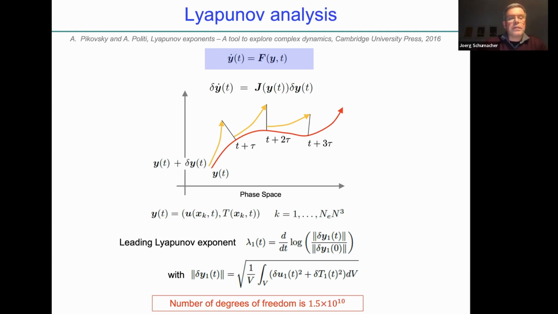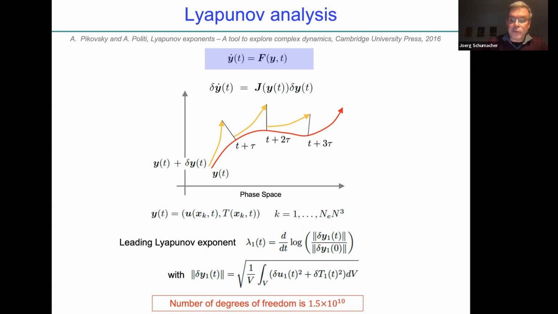And then you are able to calculate an exponential growth rate of these perturbations, which is the leading Lyapunov exponent, and the corresponding eigenvector is the leading Lyapunov vector, which in our case are fields. It's a four-dimensional vector which consists of fields that depend on space and time.